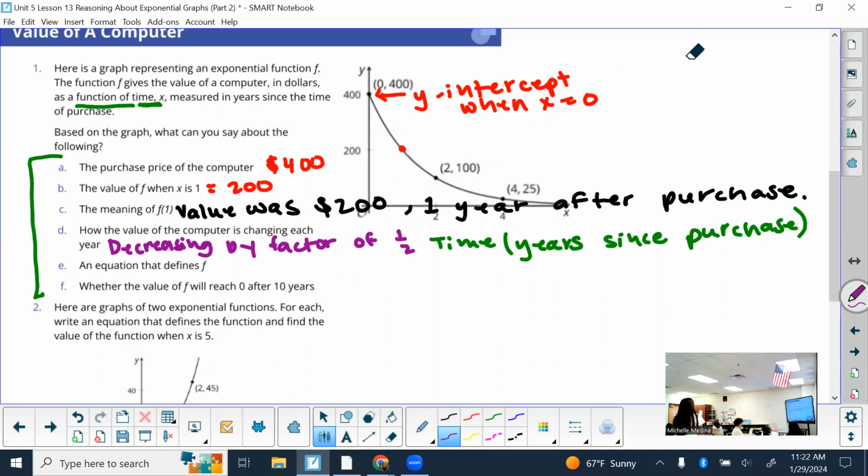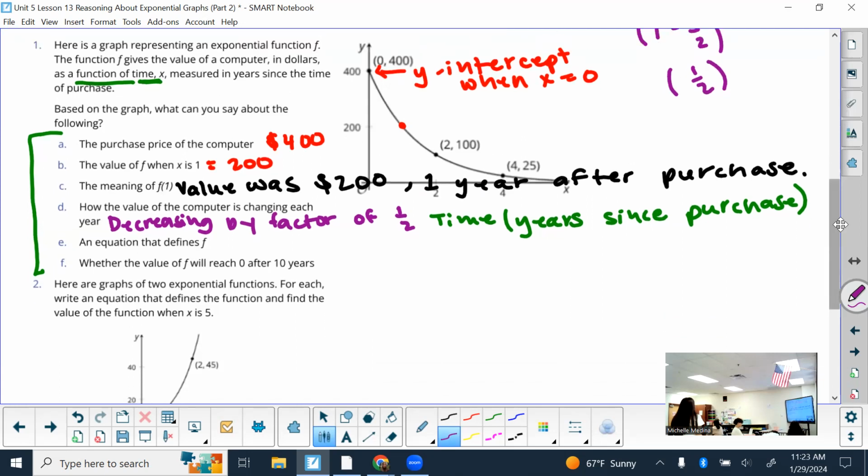I like the number 1/2 because when you say it's losing a half, and you plug it into 1 minus 1/2, what's 1 minus 1/2? So it doesn't trick students as much because it still ends up being times 1/2. But if it said it was losing 1/4 of its value, then what it's multiplying by is 3/4. So just remember that difference. If it's losing something, you do 1 minus whatever it's losing. Your common factor is multiply what you're keeping. Okay? So decreasing by a factor of 1/2. That's a good explanation.